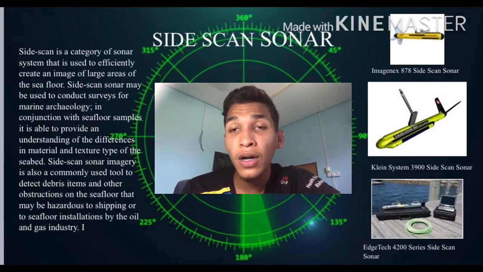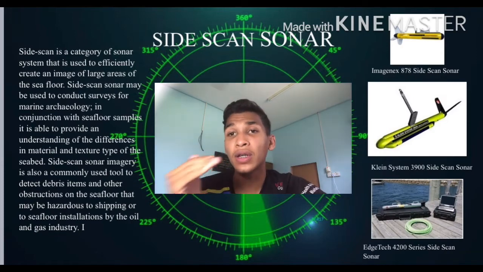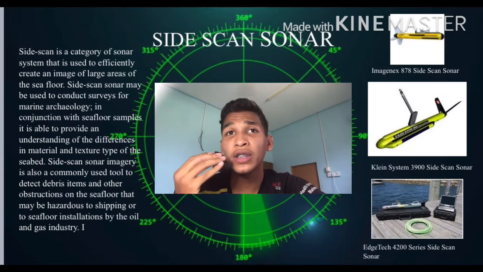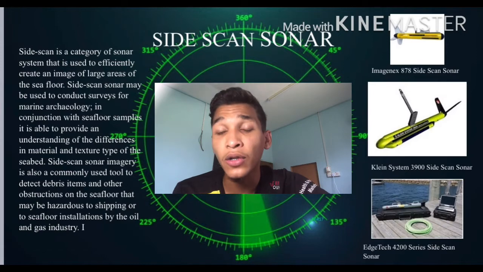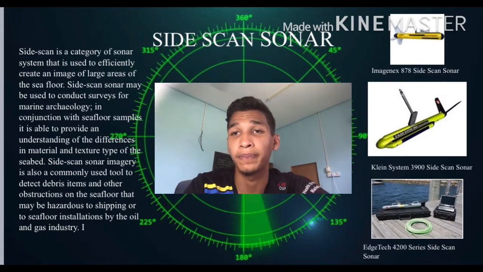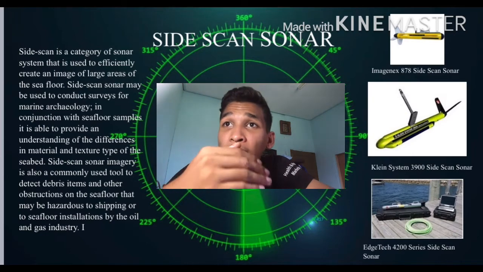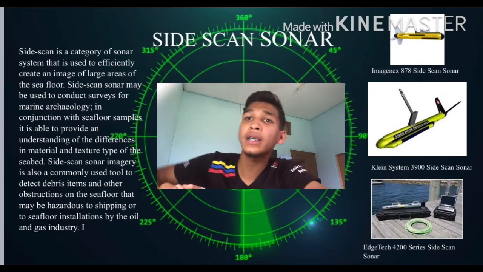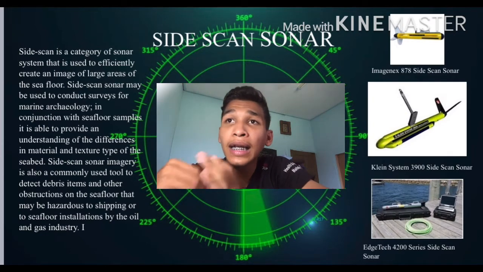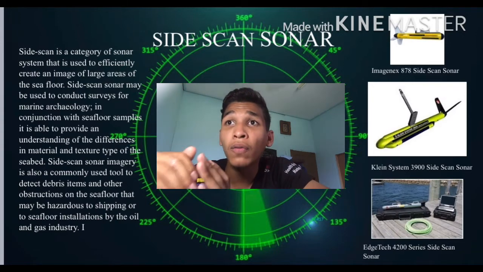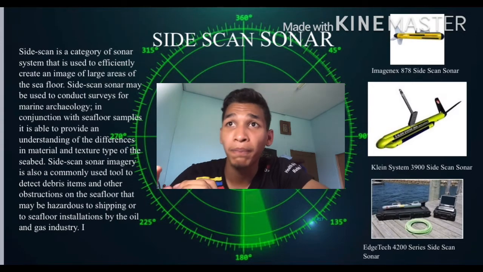In this video, I will focus on sonar that is used for geological and archaeological studies, which is side scan sonar. Side scan sonar is a category of sonar system that is used to efficiently create an image of a large area of the sea floor.